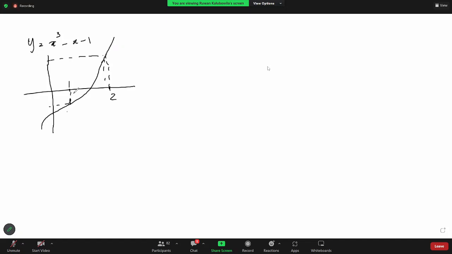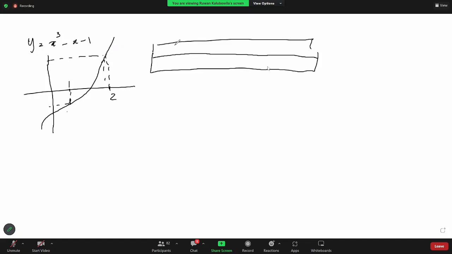How to do it? The mathematical way of handling this is like this. You apply the values 1.1, 1.2, 1.3, 1.4, 1.5, 1.6, like that, up to 2.